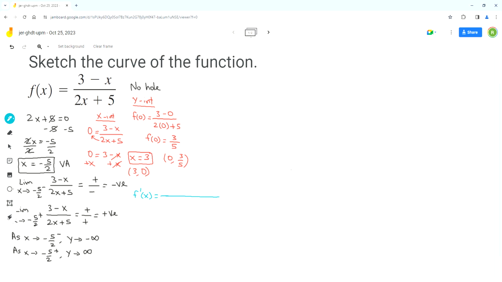So numerator is 3 minus x, so its derivative will be 0 minus 1 times the denominator 2x plus 5, then minus the numerator (3 minus x) times the derivative of the denominator, which will be 2 plus 0, over the square of the denominator.